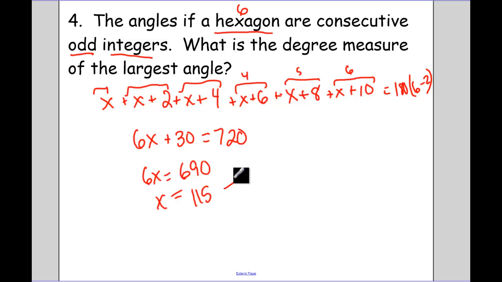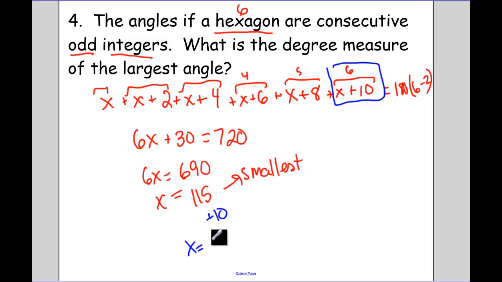So this is our smallest angle. To get the largest one, x plus 10, that was our largest angle. So I add 10 to it, and it's going to be equal to 125. Or not x, the largest angle.